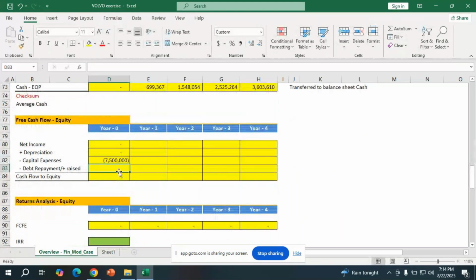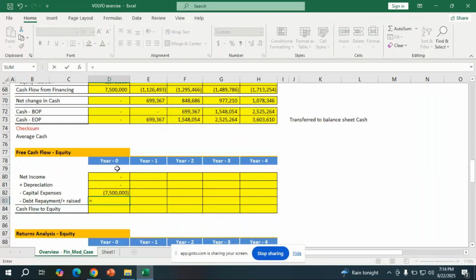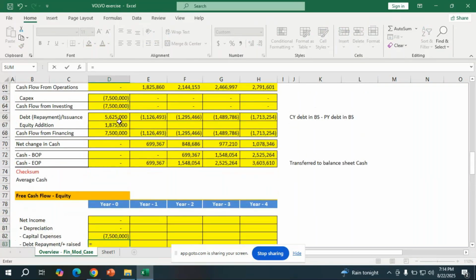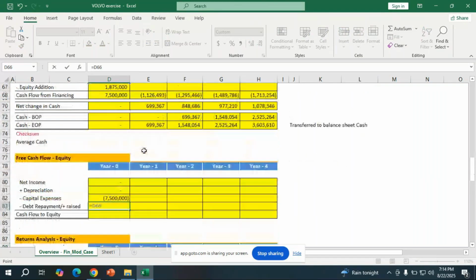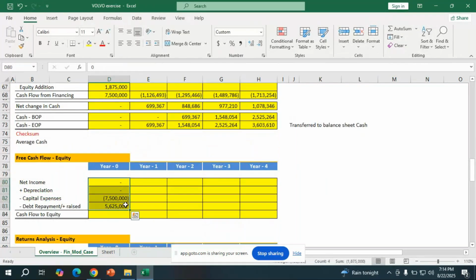And what is the debt repayment in the year? It was not a repayment exactly, it was an issuance. I'll repeat again. Come to the free cash flow. If we repeat again for you, equals to what is your net income in the year zero?